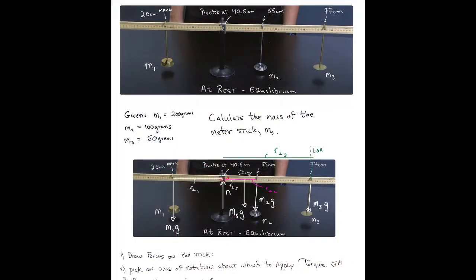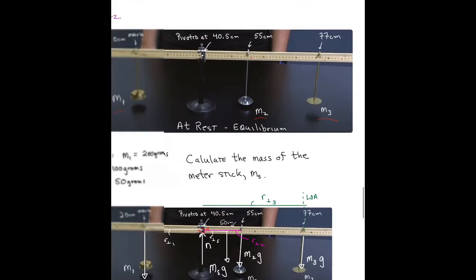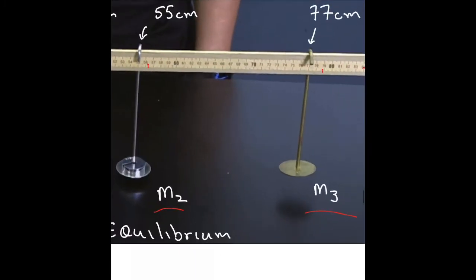All right, here's a torque example where I have a meter stick. I have 3 masses, M1, M2, M3, and they're hung at specific points: 20 centimeters, 55, 77. There's my 20, there's my 55, there's my 77.